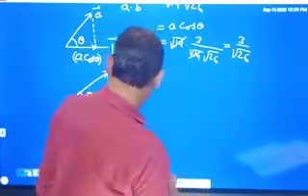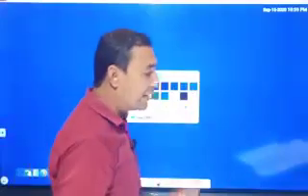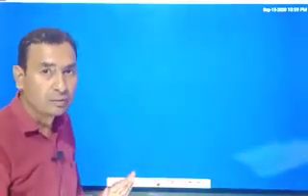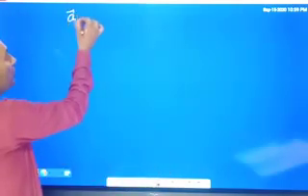Second question: prove that the three vectors are at right angles to each other. If any two vectors are at right angles, then we know that their dot product is zero.